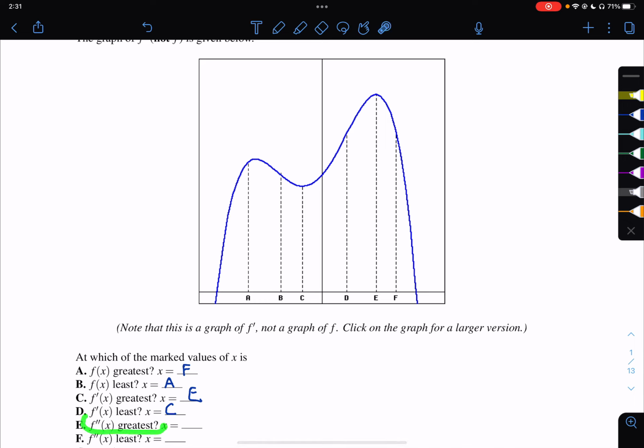And I'm looking for the second derivative being the greatest. This is the first derivative. Then the second derivative is the derivative of this graph. So I'm looking for at which point the derivative of this graph is going to be largest. This is increasing, so the derivative of this, namely the second derivative, is positive. This is decreasing, so negative.